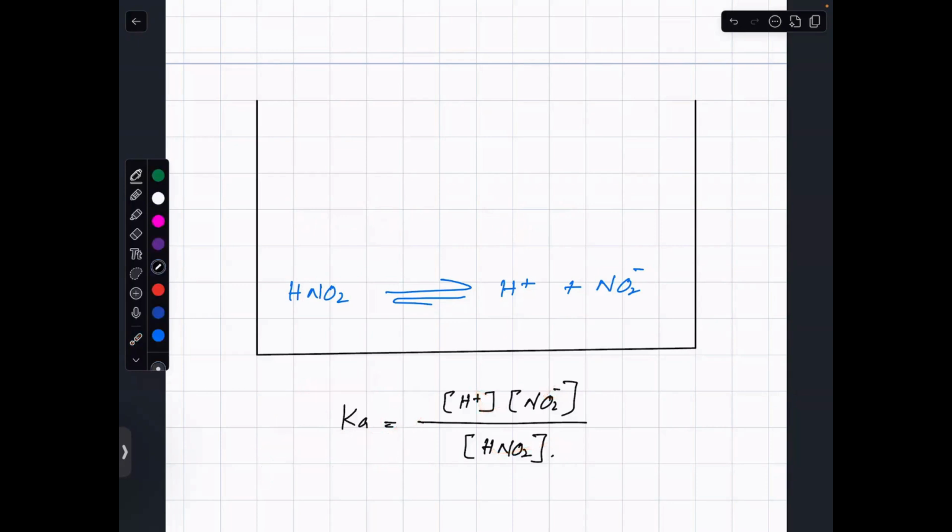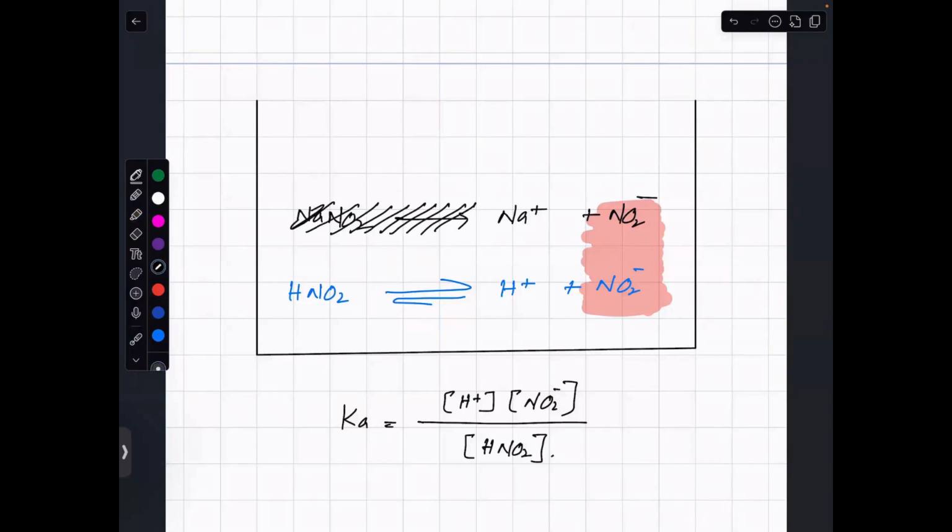So when you are adding NaNO2, what will happen? Common ion effect. The concentration of this will increase. All the salt is dissolved. All the salt is dissolved. This equilibrium shifts to the left-hand side.